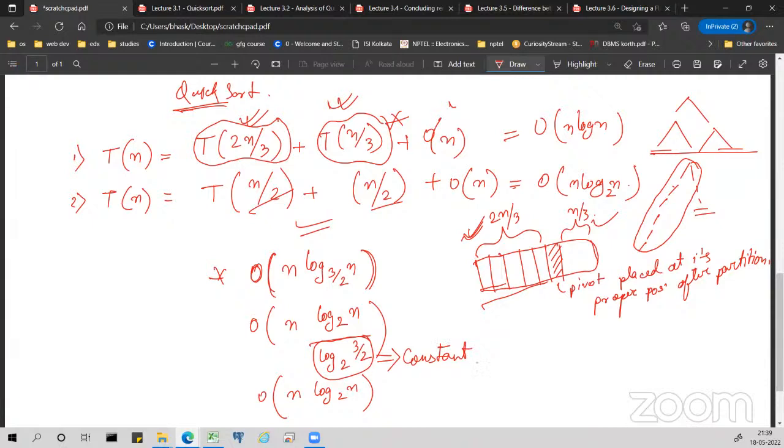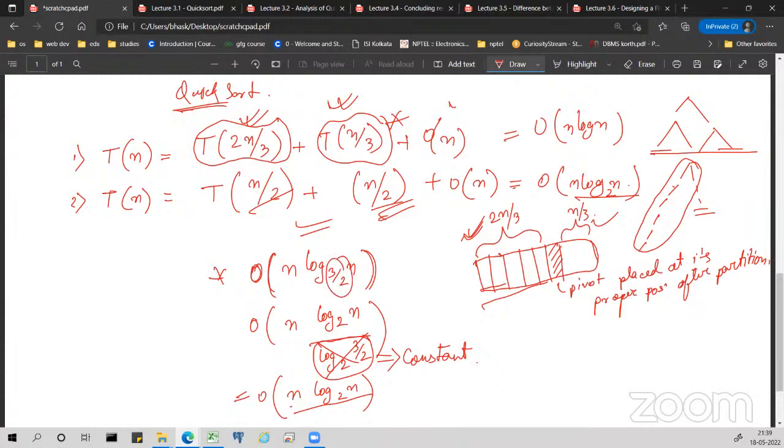We know that in asymptotic time complexity, we do not consider constants. Fine, so just ignore it. So what do we get at the end of the day? It's order of n log n base 2, which was simply like this for n by 2. Fine. So when we are considering asymptotic complexity, the base doesn't matter.